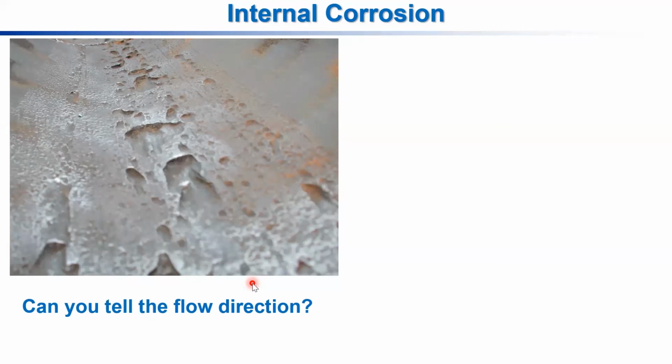Okay. So I imagine that most of you have answered already which direction is the flow. And I'm going to answer: when we have flow assisted corrosion, there is one distinctive morphology on the pipeline that can lead us to believe what is the flow direction.